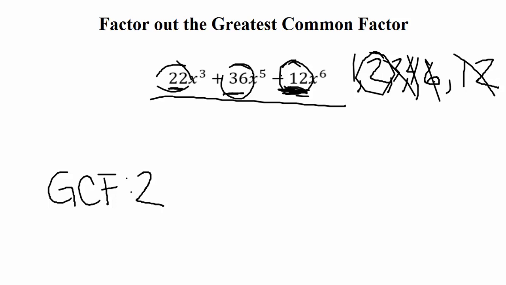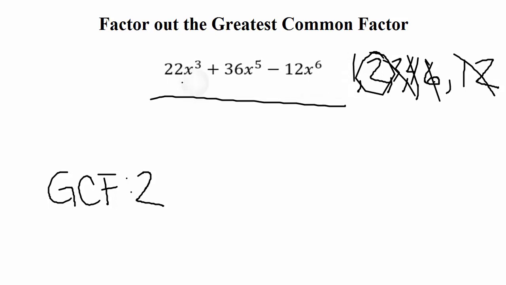Then we need to look at our variables. First off, we need to make sure that each one of our terms has the same variable, and we can see here that we do have an x in each one of our terms. Now what we're looking for is the lowest power on that x.